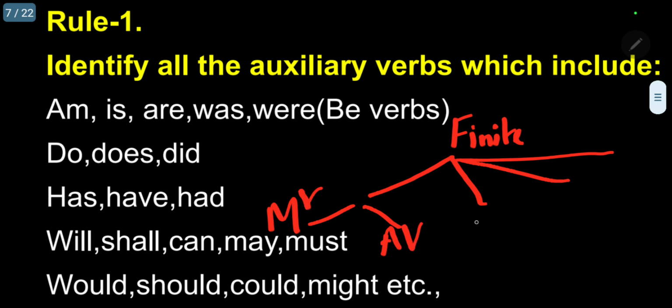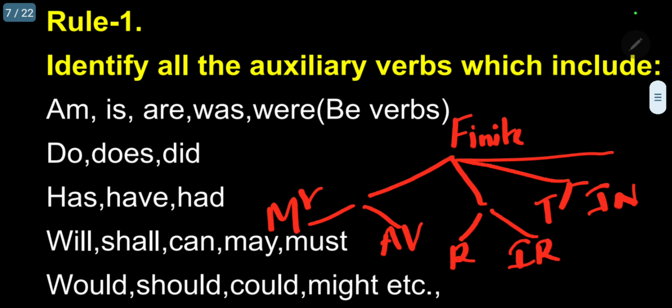Number 2, regular and irregular verb. Number 3, transitive and intransitive verb. Number 4, strong and weak verb.